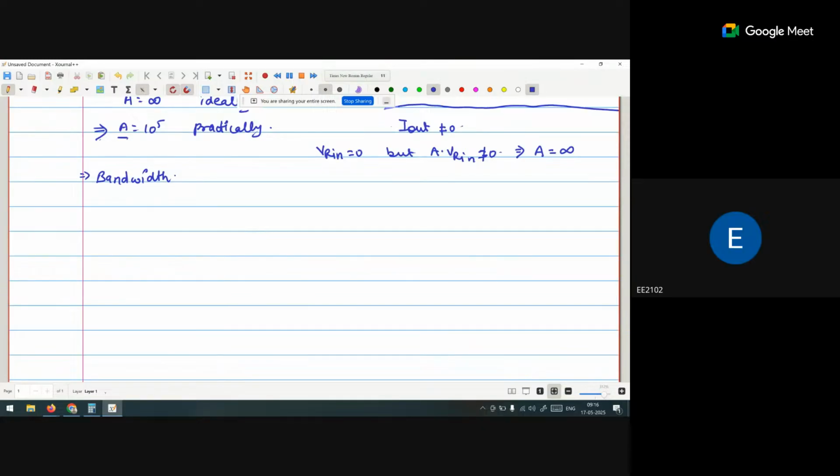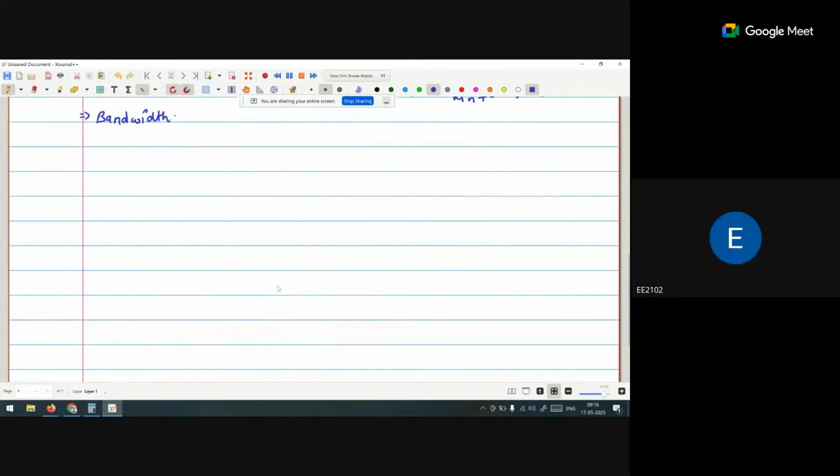Basically, the operational amplifier gain is defined as A is equal to A naught upon 1 plus j omega upon omega naught, or A naught upon 1 plus s upon omega naught.